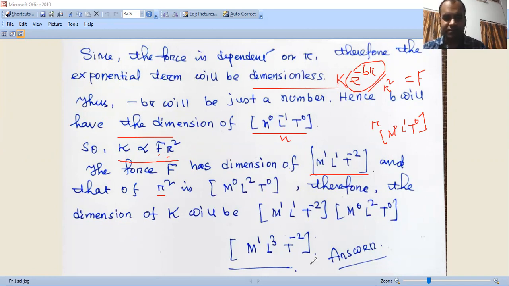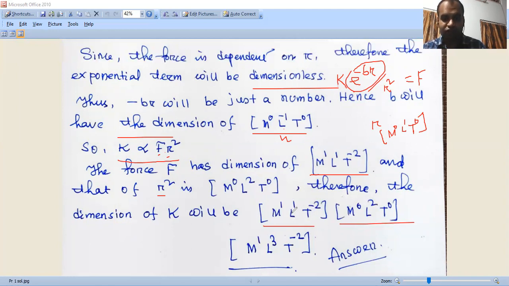If we multiply them, we will get M1 L1 T minus 2 multiplied by M0 L2 T0. Just add the powers of M on both sides: 1 plus 0 is 1.